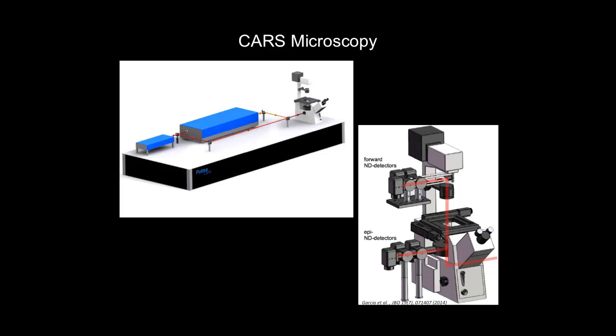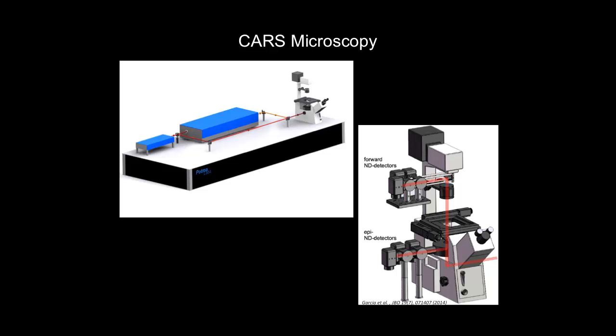We have these epi detectors, which is what we call it when we collect the photons scattered back. Imagine the objective focuses the light on the specimen that sits on the stage here, and we use detectors to collect the photons scattered in the back direction.